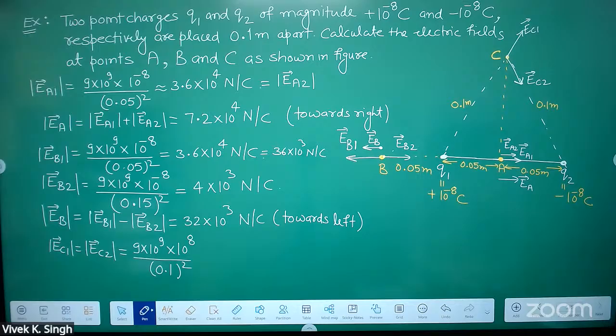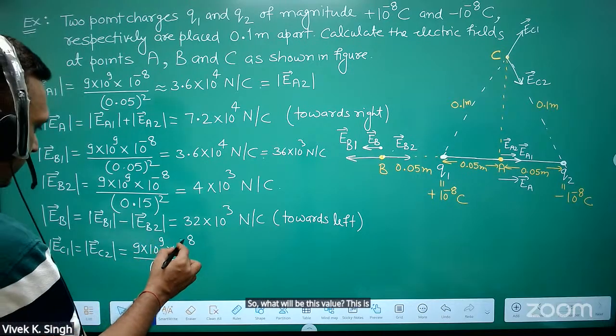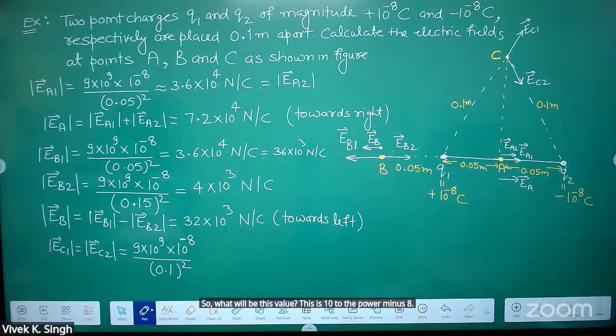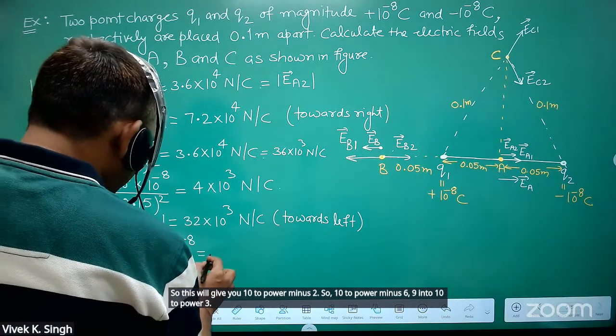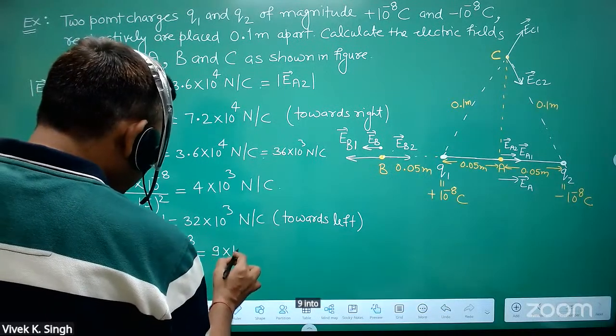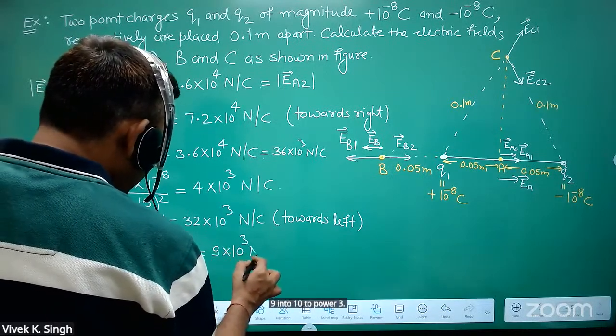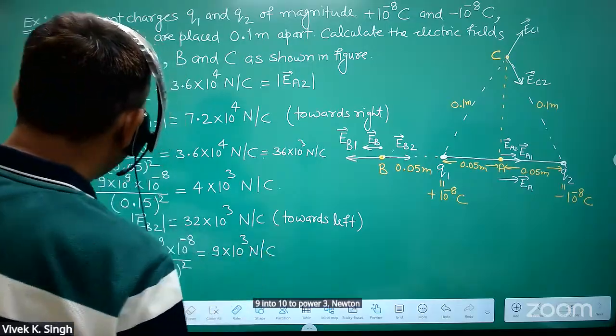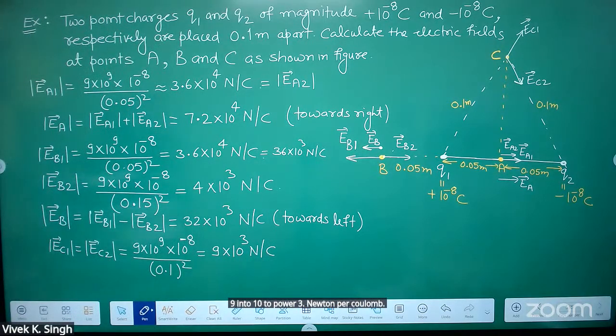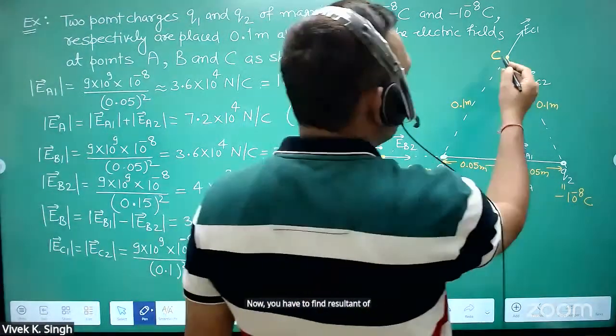So what will be this value? This is 10 to power minus 8. So this will give you 10 to power minus 2. So 10 to power minus 6, 9 into 10 to power 3 Newton per Coulomb. Now you have to find the resultant of these two. Their magnitude is same.